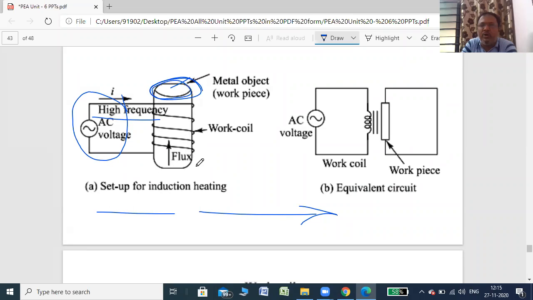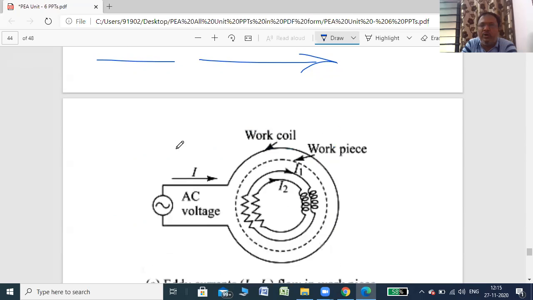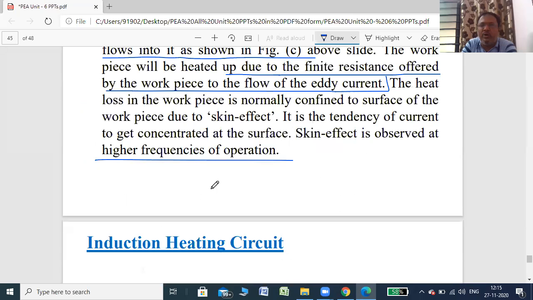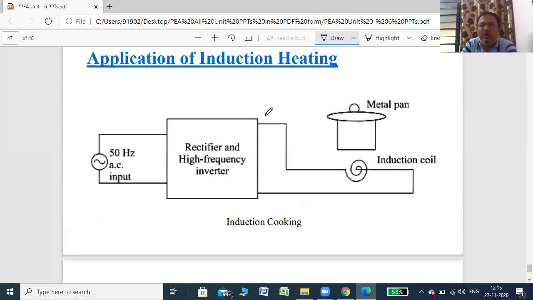And that magnetic field is nothing but your eddy current, and once eddy current starts to flow, definitely eddy current will heat this workpiece highly, right? So as your current increases, the eddy current increases, so that the workpiece is heated. You can see here this type of application, that is induction cooking.